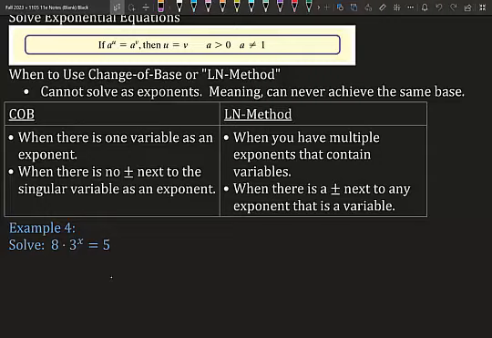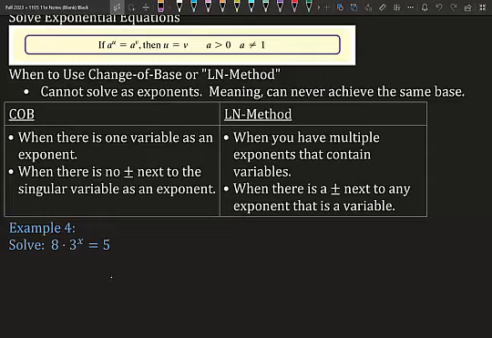So when to use change of base or the ln method: you cannot solve as exponents, meaning you can never achieve the same base. Like we were doing in 6.3 where we had to get the same base like 2, 3, or 4, if you can't do that, you need to use change of base or the ln method. When to use change of base? When there is one variable as an exponent, with no plus or minus next to that singular variable.